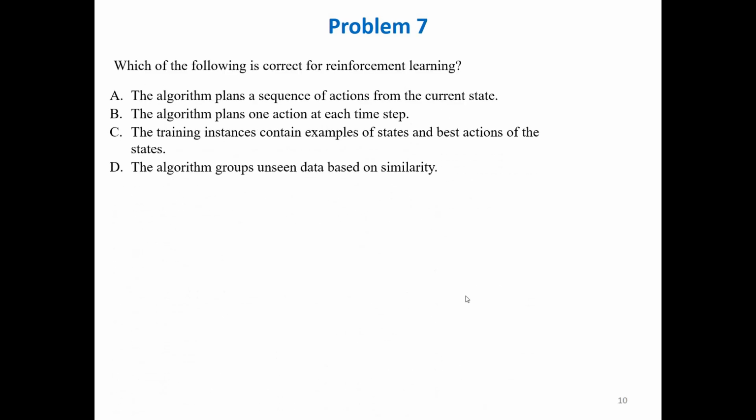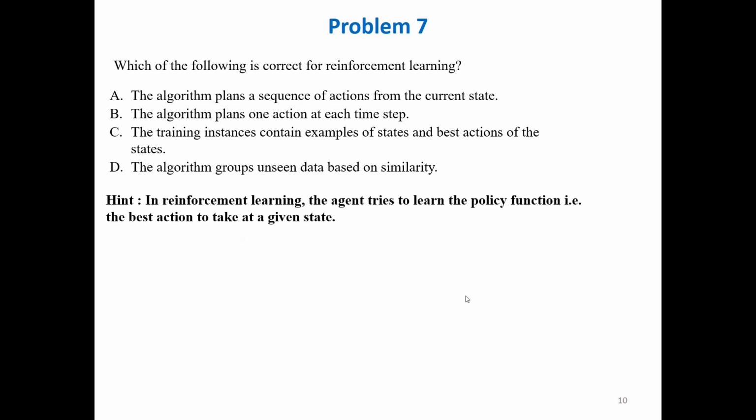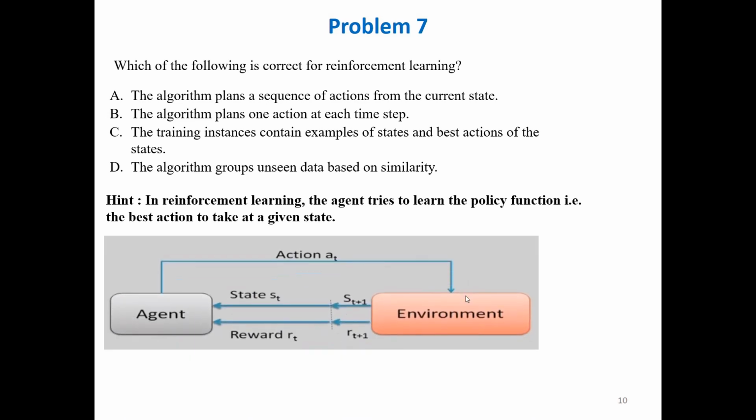Next problem. Which of the following is correct for reinforcement learning? Before that, see what happens in reinforcement learning and how it is different from supervised and unsupervised learning, which we need to revise again. We have discussed it earlier. In reinforcement learning, the agent tries to learn a policy function, that is, the best action to take at a given state.